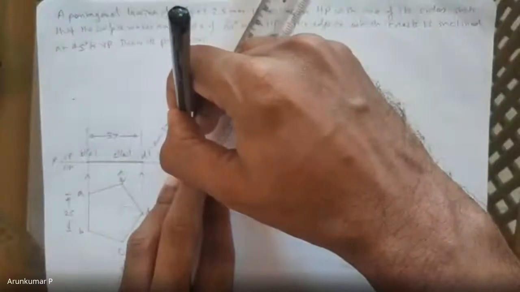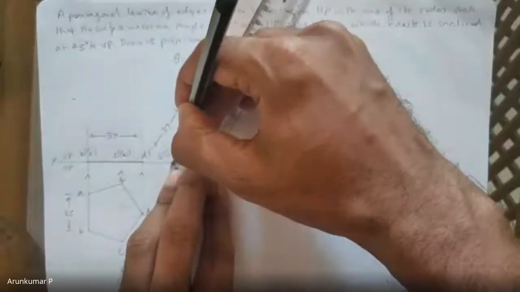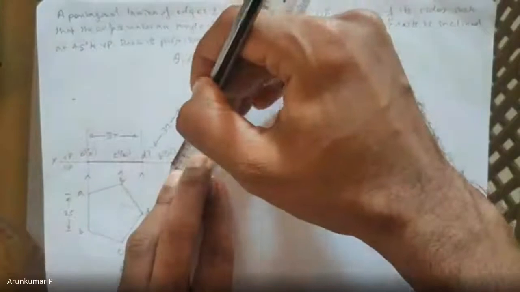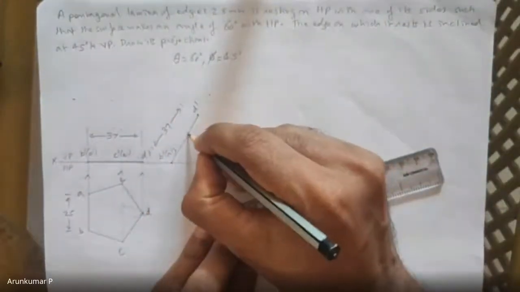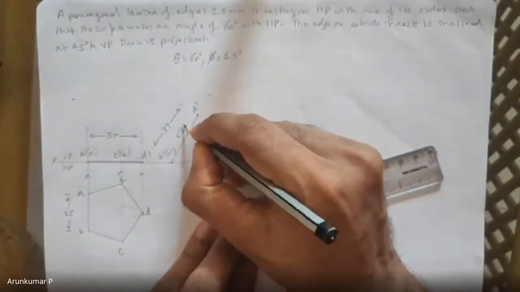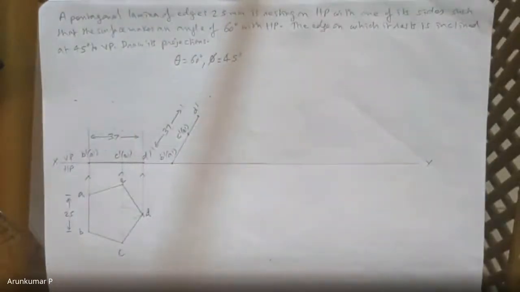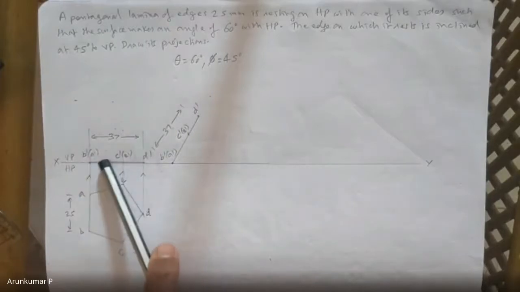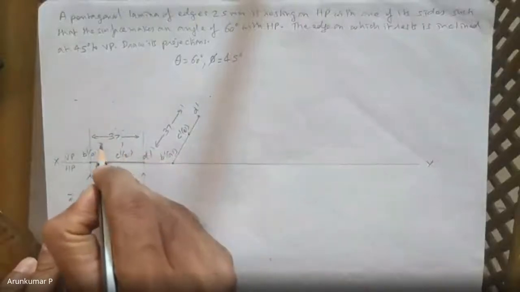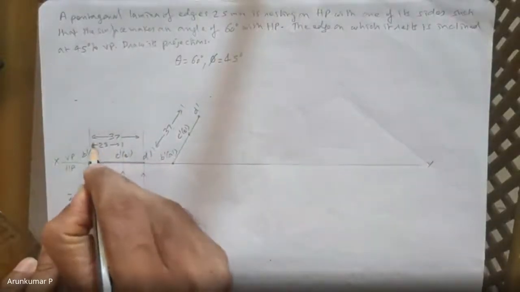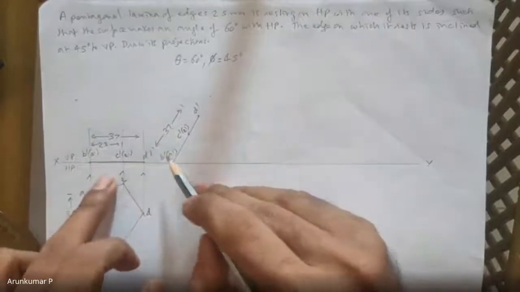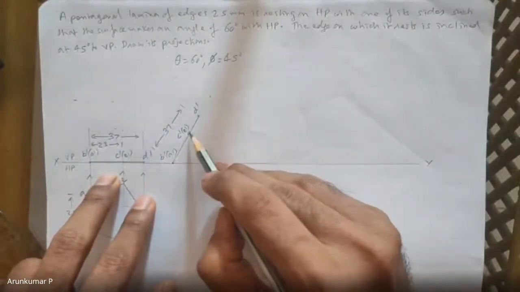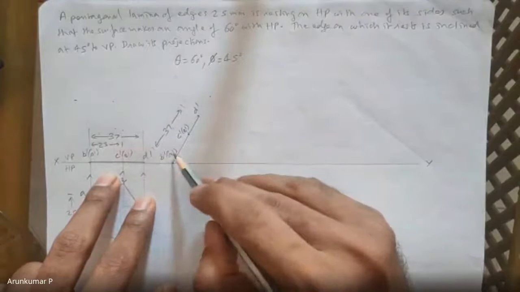This step is very important. Otherwise, you will not be able to locate C dash E dash. Okay. So from B dash A dash to C dash E dash, you have 23 mm. If you want, you can mention it here. And that same length you can replicate here and locate C dash E dash at 23 mm.